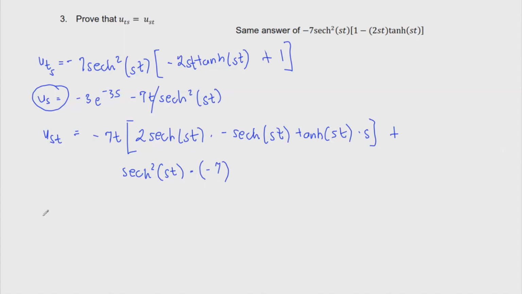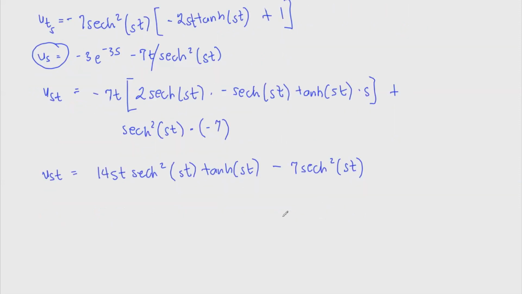Okay, now let's try to simplify this further. So we have u sub s sub t is equal to, that will be positive 14st secant h squared st, and then tangent h st. Okay, and then for this one, we also have negative 7 secant h squared st. Okay, so now that we have this one, we can factor out 7 secant h squared st, so that we'll obtain the same pattern.